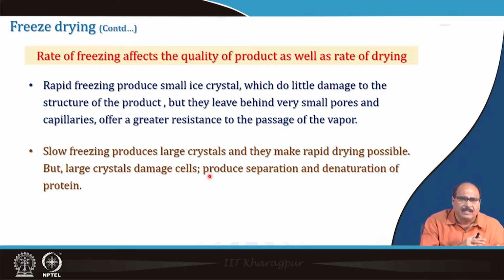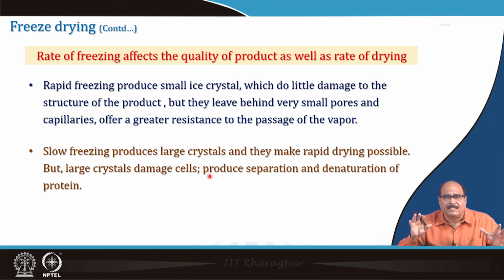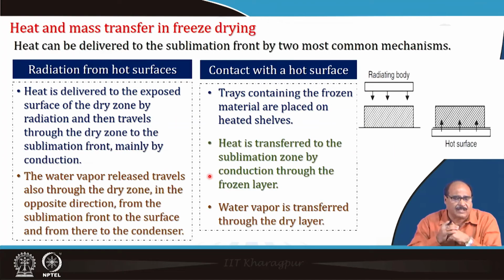Whereas the slow freezing produces large crystals and they make rapid drying possible, but the large crystals damage the cells, produce separation and denaturation of the proteins etc. So, upon the rehydration there may be some changes in the structural materials.